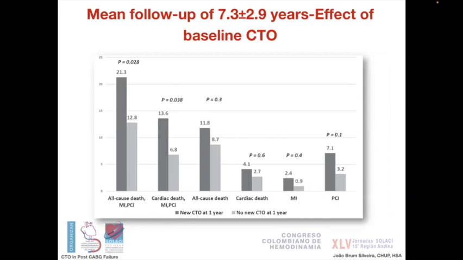And also, if you have a CTO at baseline, whether you have a new CTO in a year or not, it's impacting prognosis in terms of all-cause death, myocardial infarction, PCI, and cardiac death. This is a new CTO. It's not a benign disease.